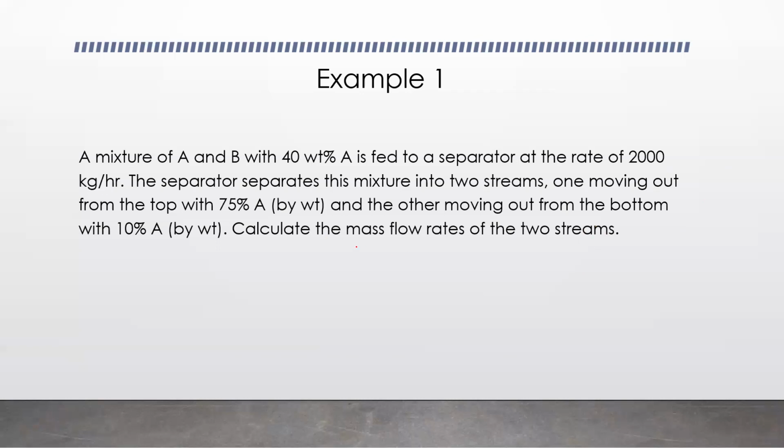A mixture of A and B with 40% A is fed to a separator. Remember, whenever we have a unit, then whatever is added to it. So let's say this block is my unit. Since we are drawing the block diagrams, all the units are within the blocks. So this block is my unit.